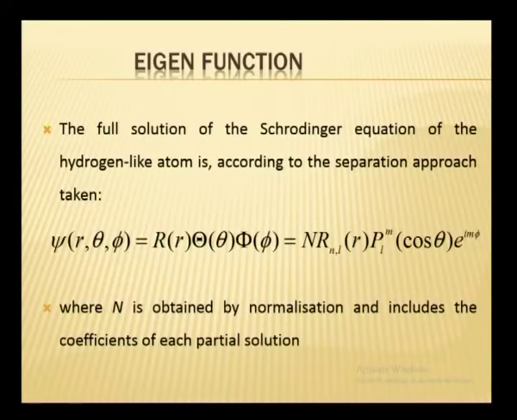Okay. And therefore, the energy eigenfunction is given by an expression of this kind: psi, the state of the electron, or the wave function, it refers to the state of the electron.